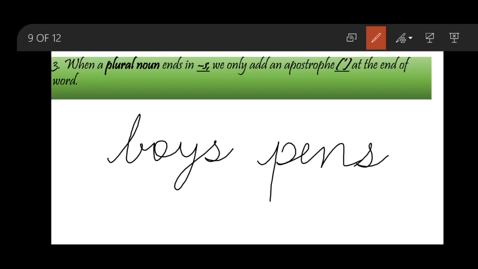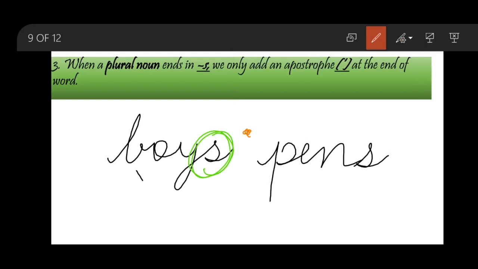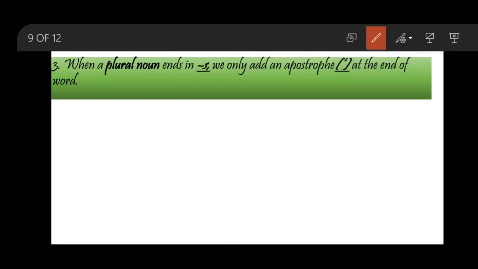Now you need to remember, if my plural noun is ending with s, we just have to put an apostrophe at the end. This rule is applicable for plural nouns only.